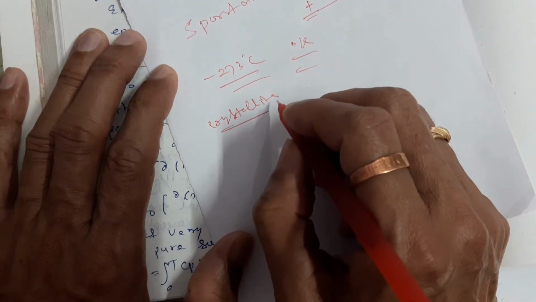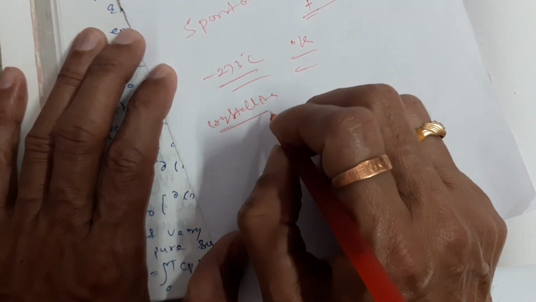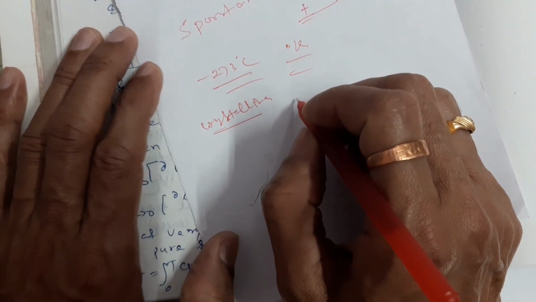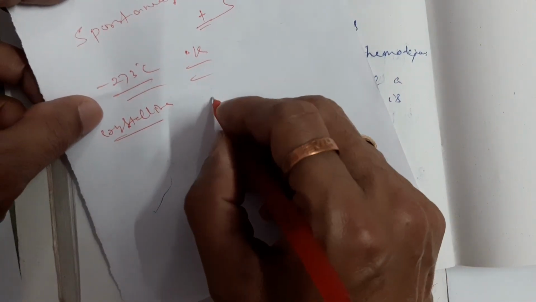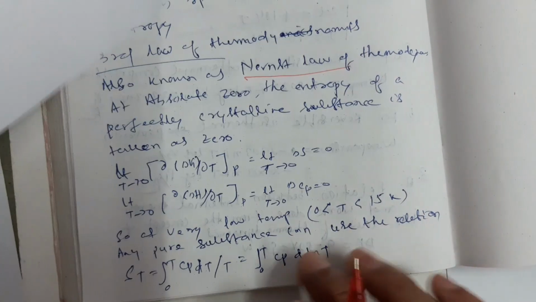That is, the atoms or molecules are perfectly arranged, there is no disorder, and therefore the entropy is zero.